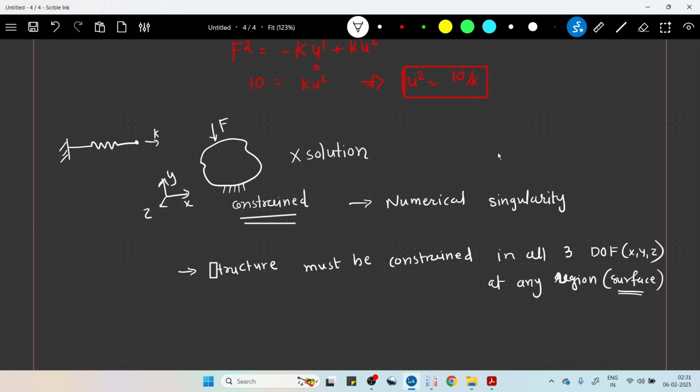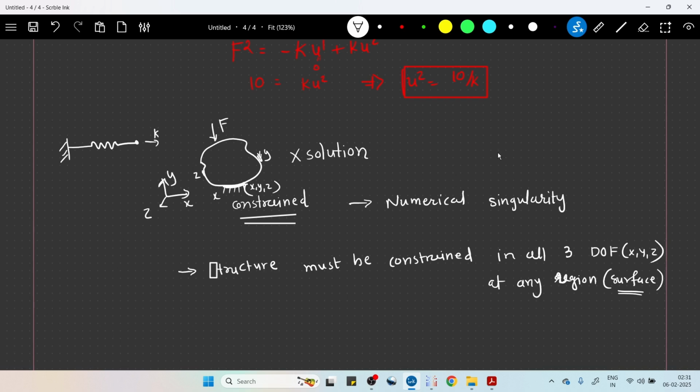It can be anything. For example, this surface can be constrained in xyz. If that is not the case, if a constraint is only in x, somewhere else it should be constrained in y, somewhere else in z, but the structure should be constrained in all 3 degrees of freedom. I'm just giving an example.